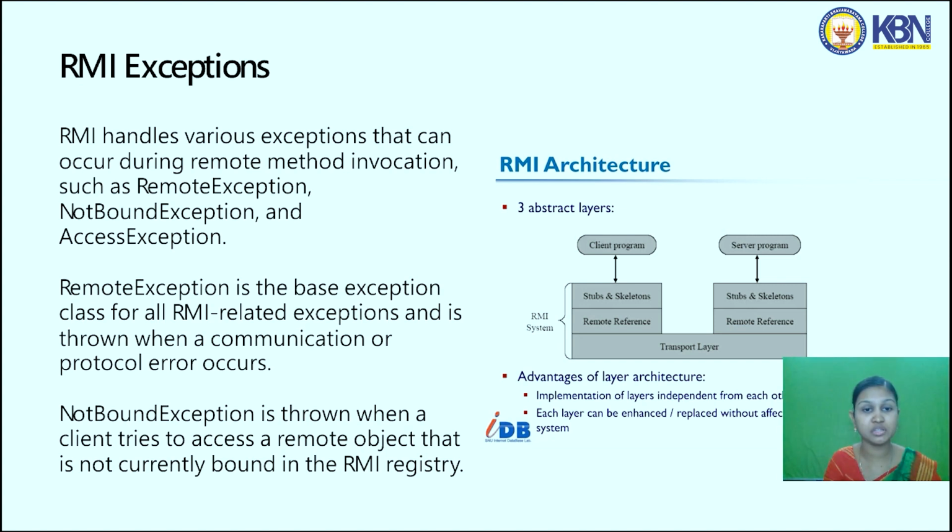Remote Method Invocation means communication between protocols, not database connections. NotBoundException means the client looks up a remote object that is not registered. Only the client takes care of NotBoundException and AccessException.